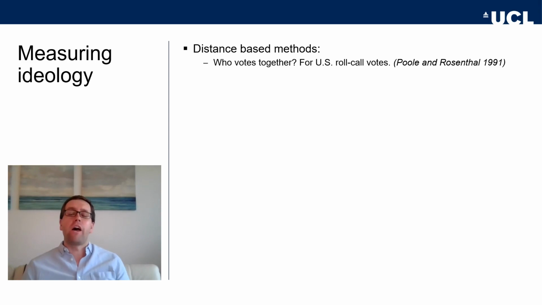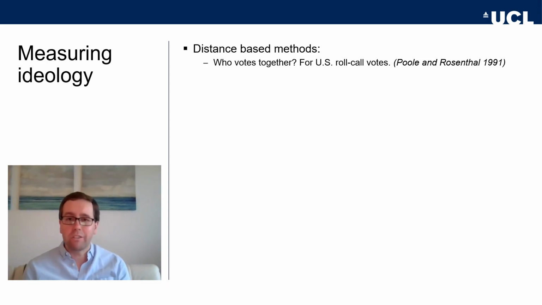So basically, Poole and Rosenthal's DW-NOMINATE scores look at all the votes that these senators, for example, take. The underlying assumption is that people who have similar ideological predispositions will vote together on more issues than people who are further apart.